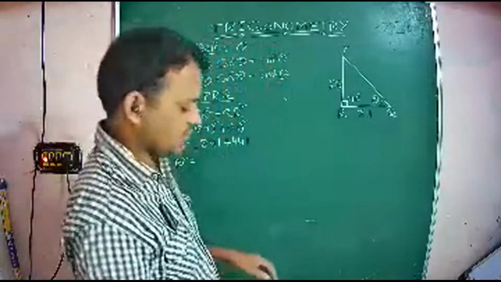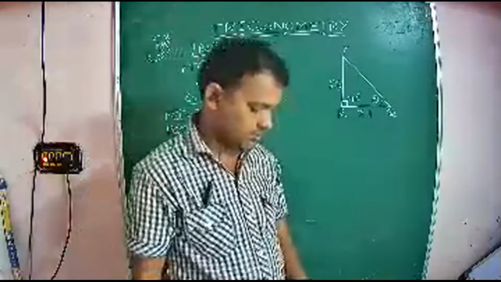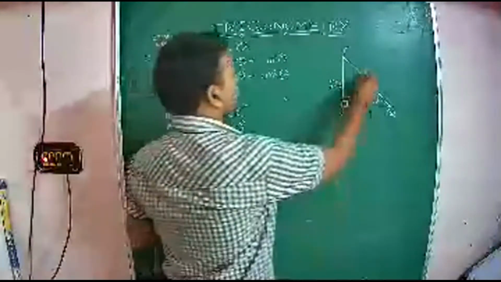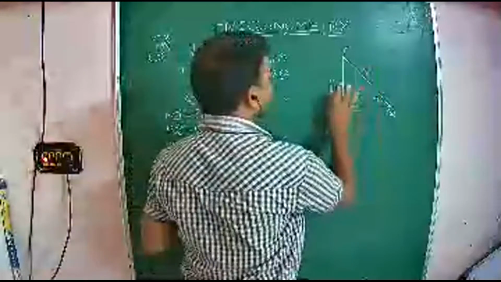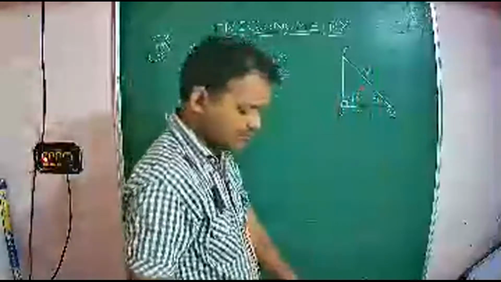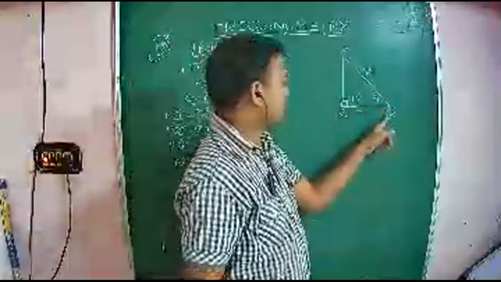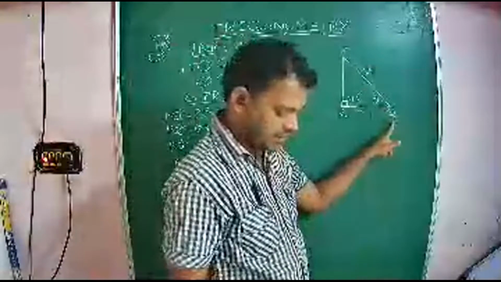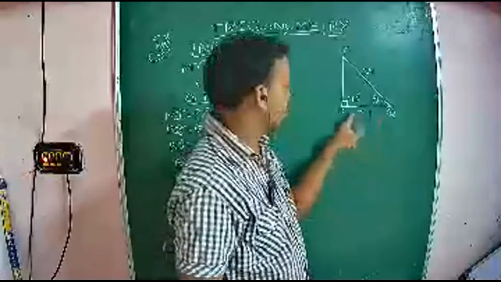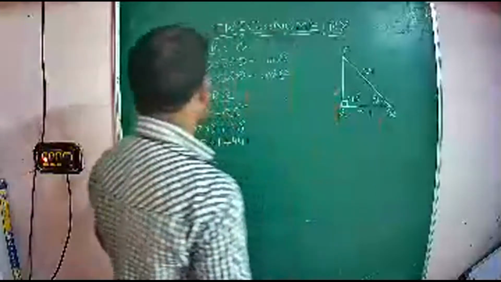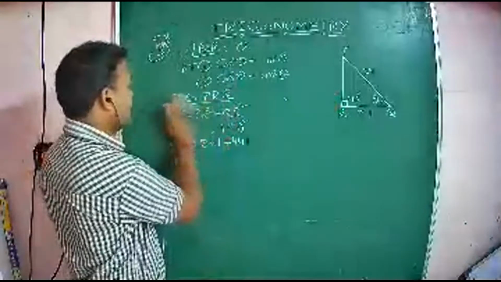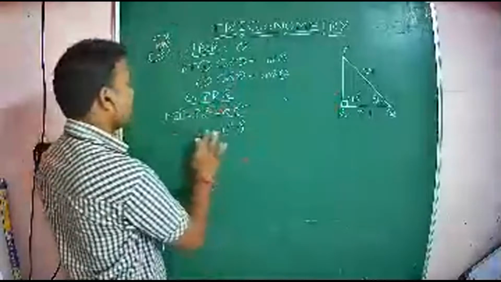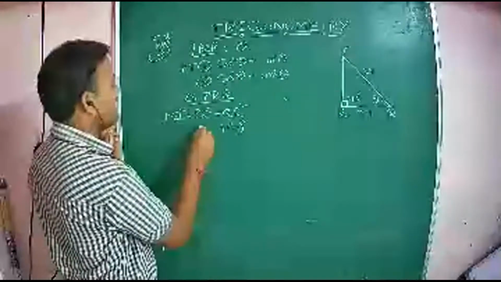PQ is given, no? PQ is 29 and the QR value is 21 given. But the question is not proper here. PQ value is 29 and QR is 21 is given. You need to find out PR. Small mistake, I need to find out PR.